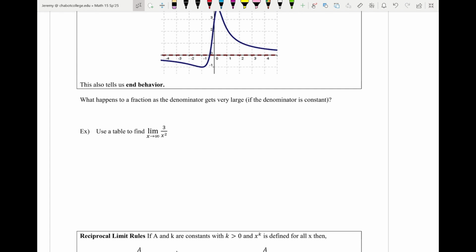What happens to a fraction as the denominator gets very, very large? So let's say we have a fraction, let's say it's just 1 over a really big number. What type of number is this? If you take 1 and divide it by a big number, very generally speaking, this is going to be a very small number.